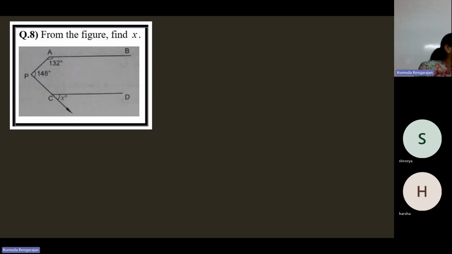I got the wrong reference, so I wrote this one. First, I put this as angle 1 and this as angle 2. So angle 1 is equal to 132 minus 140. No, the whole thing is 148. Not angle 1 alone. 148 is angle 1 and angle 2 together.